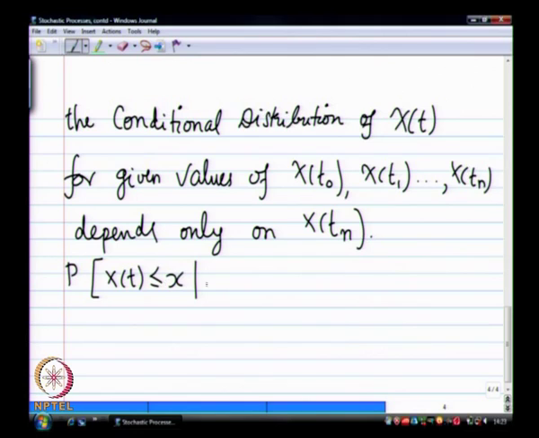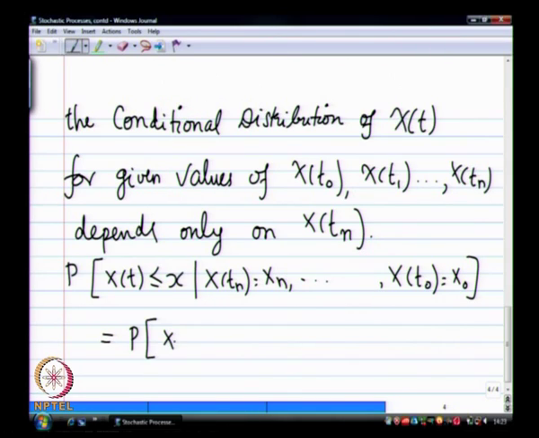So what is the distribution for x of t given that the past values are known? This is the formal property for a stochastic process to be called a Markov process, and mostly we look at this requirement. Okay.